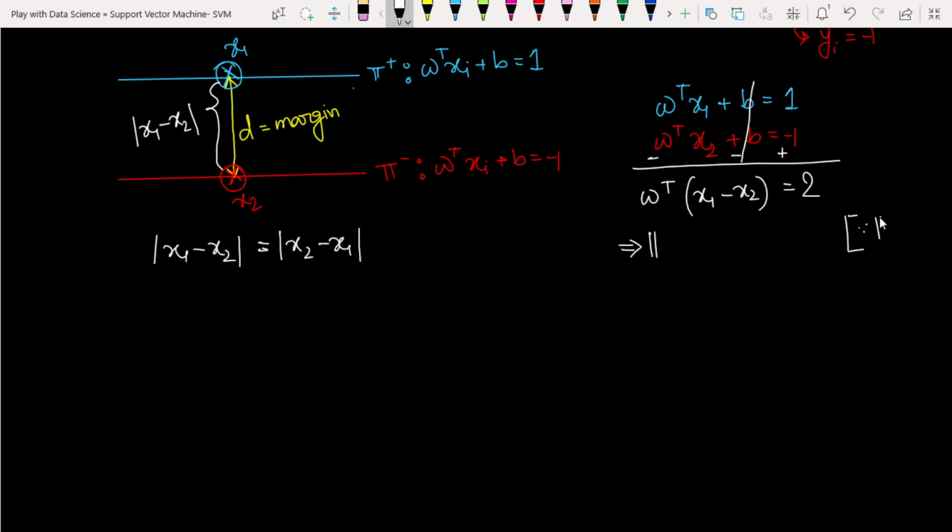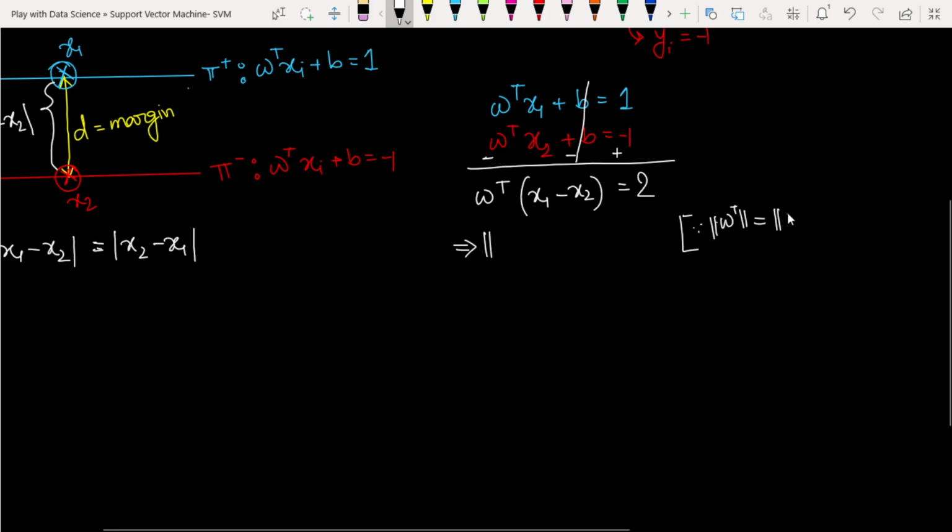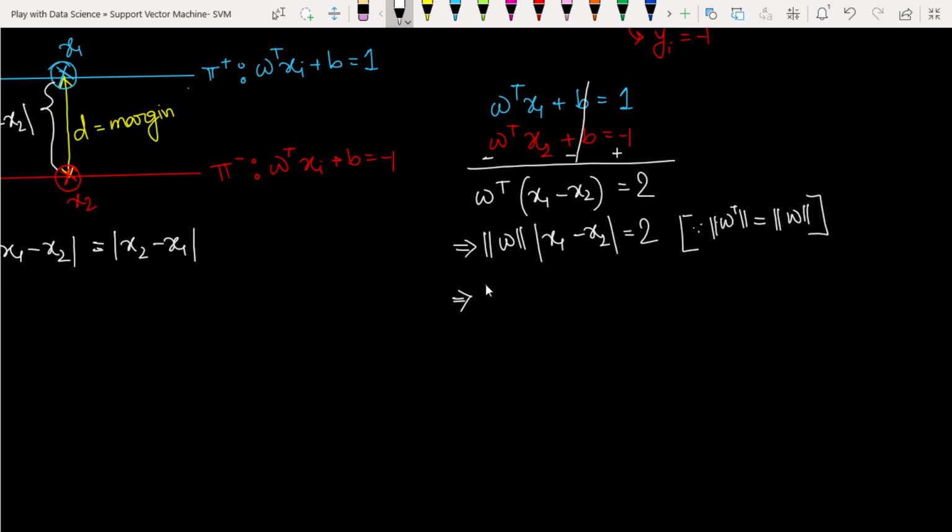Hence, the norm of w transpose is equal to the norm of w. So this will be the norm of w times the norm of the absolute value of x1 minus x2, and the norm of 2 is 2. So the absolute value of x1 minus x2 will be 2 divided by the norm of w.